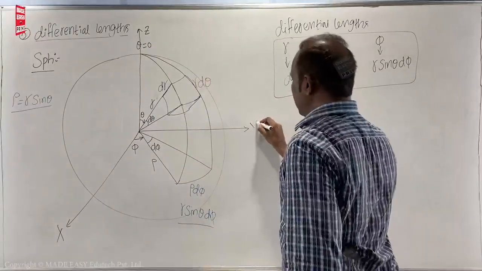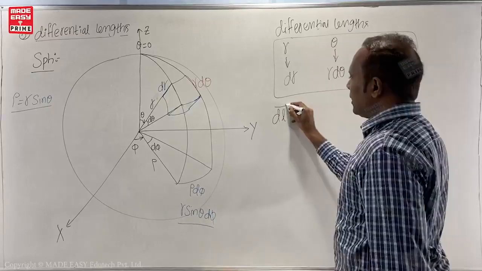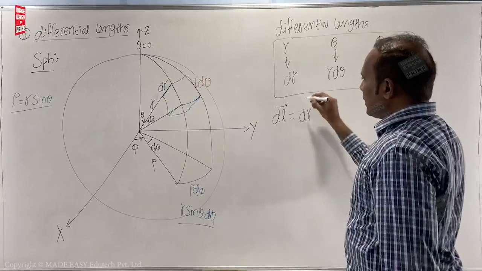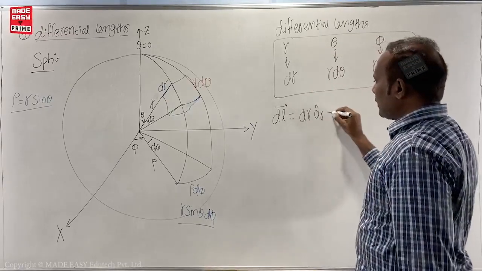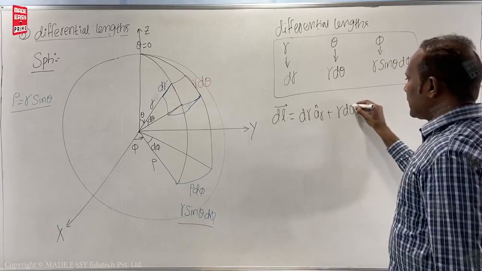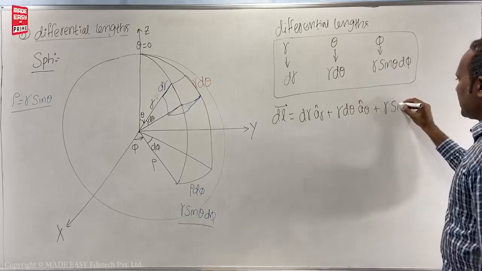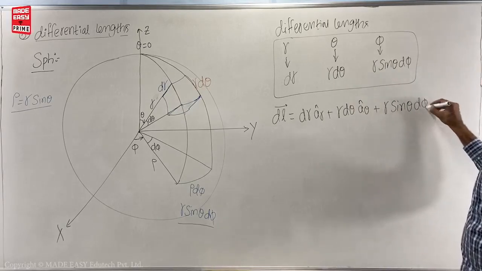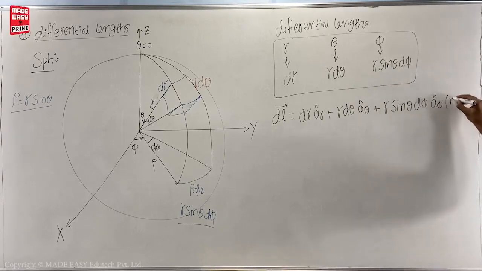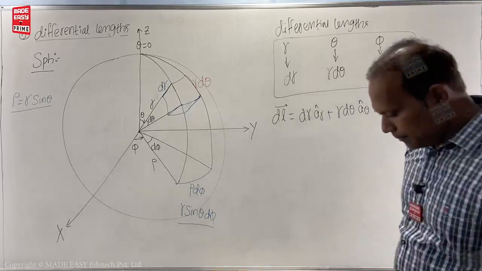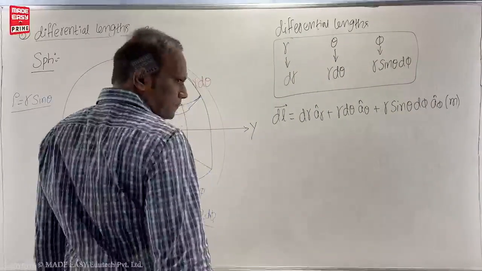The differential length vector equation: dl bar is equal to the differential length in r direction multiplied with the unit vector, the differential length in theta direction multiplied with the unit vector, and the differential length in pi direction multiplied with the unit vector a pi. This is the differential length equation in the spherical coordinate system.